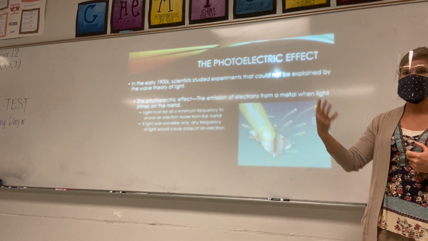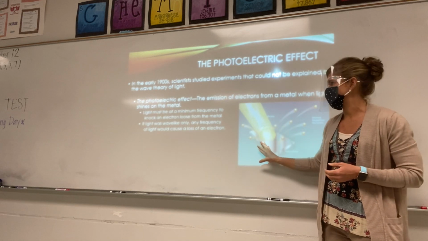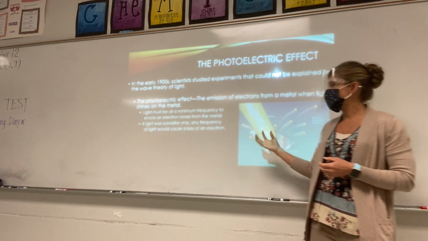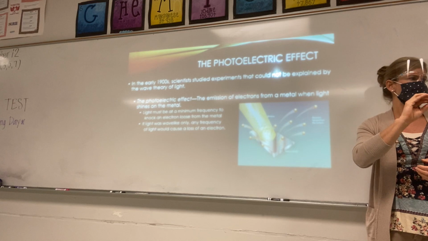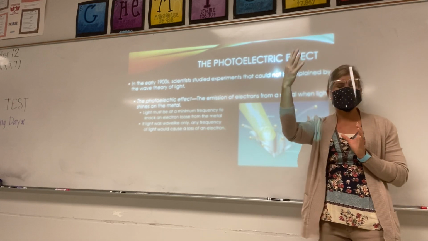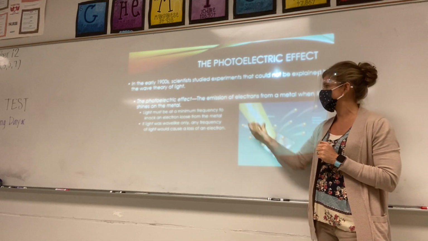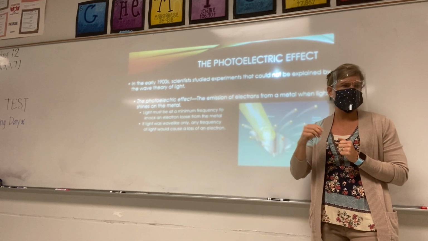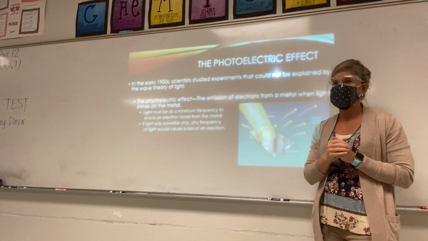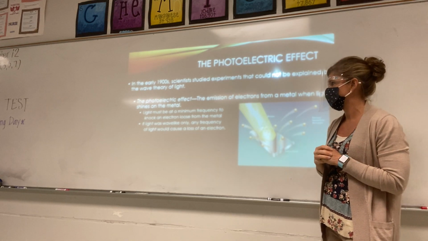What the scientists found through this observation was that the light must have been at a minimum frequency in order to excite these electrons. There had to be enough frequency in this light to give enough energy for those electrons to bounce off the surface.